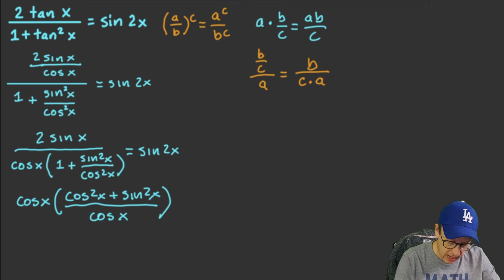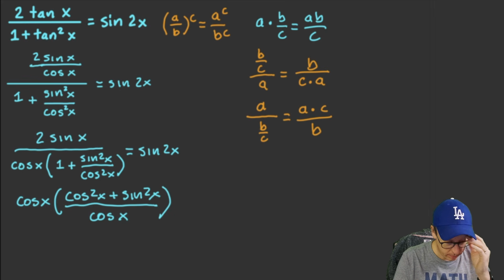And again, these rules apply equally. So if you have a over b over c, this is going to be equal to a times c over b. So that's also going to apply.